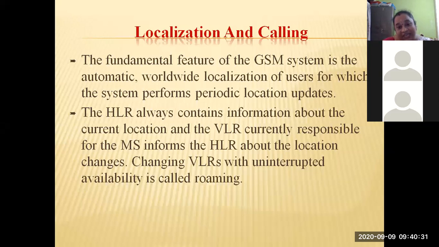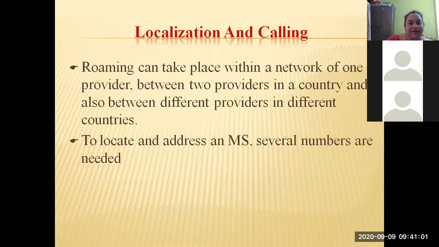So that changing of the VLR's log, depending upon the mobility of the mobile station without any interruption in your call, changing your identity and your localization, is called roaming. The procedure of localizing your mobile station while you are moving and making your call is called roaming, right?